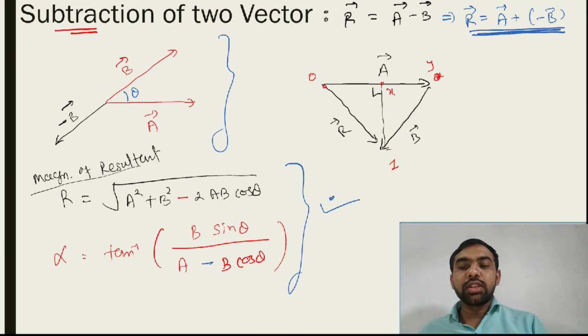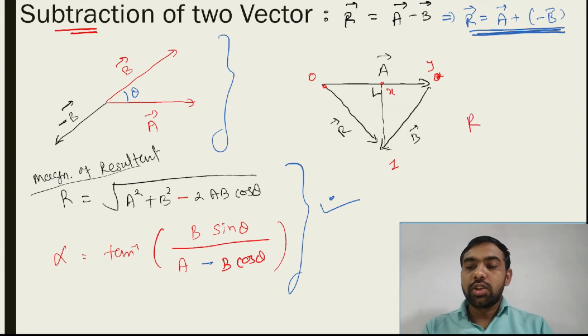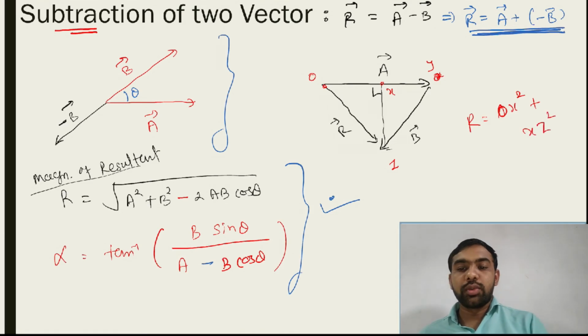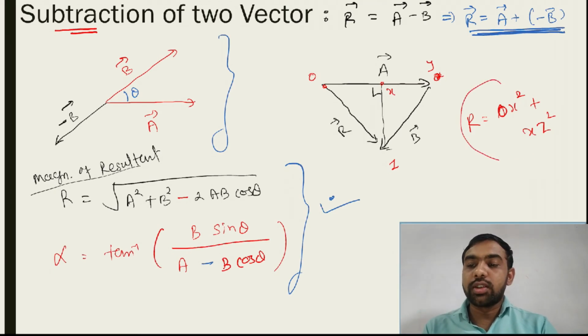Okay, so the resultant is equal to OX square plus XZ square, and this is our resultant, R square, and the angle is supposed to be alpha. Then what is tan alpha?